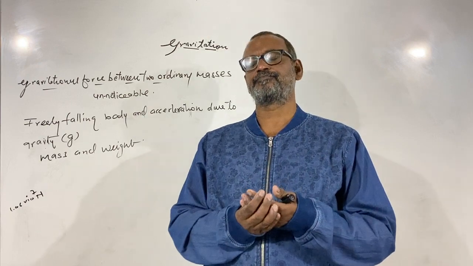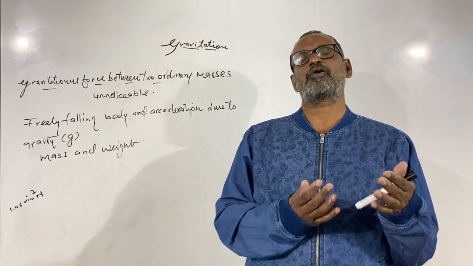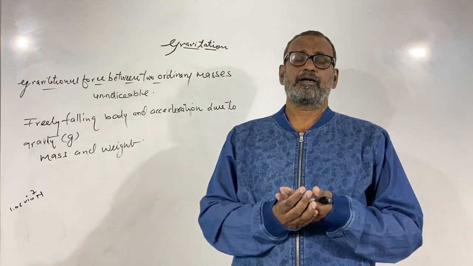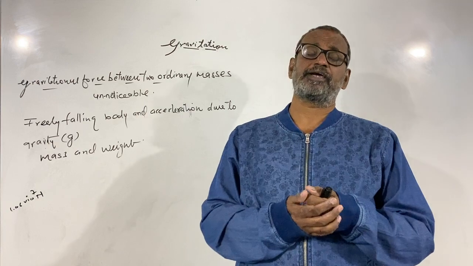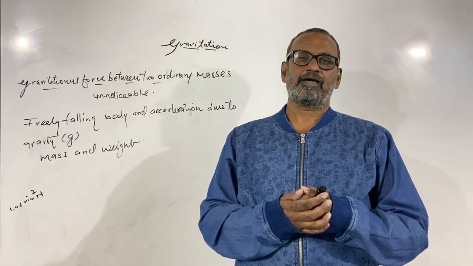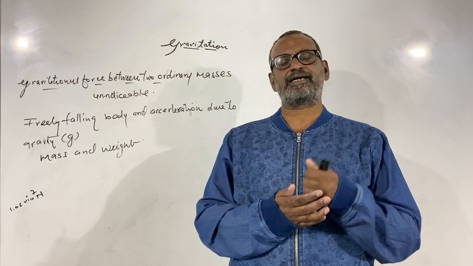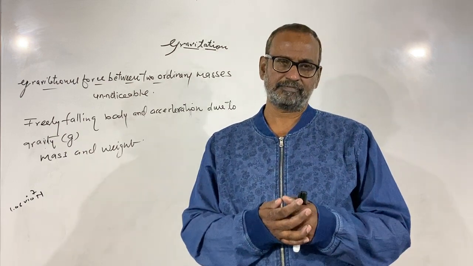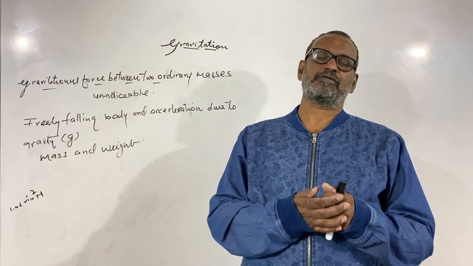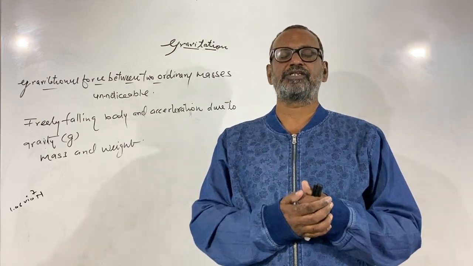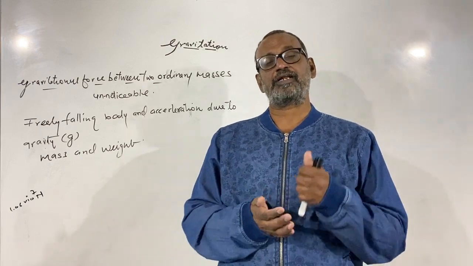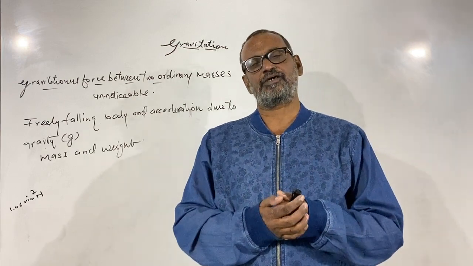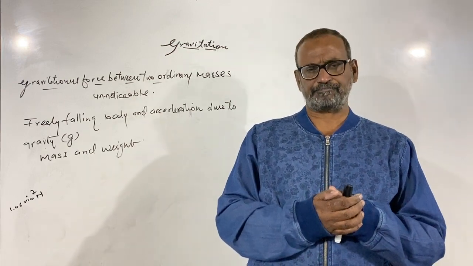But if the distance between two bodies is doubled, the gravitational force between two bodies is decreased by the square of two, that is 4 times. It means the gravitational force in the new situation will be 1/4 of the gravitational force in the previous situation.